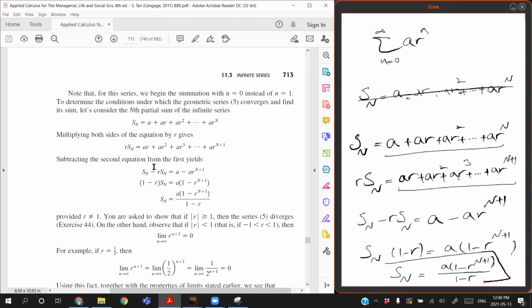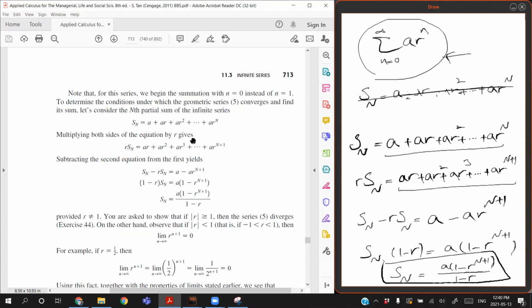I was able to find a formula for Sn. So now I can take the limit of that as n approaches infinity. And if that limit is a finite number, I can say this series is equal to that finite number. And if that limit is infinity or does not exist, then I would say that the series is divergent.